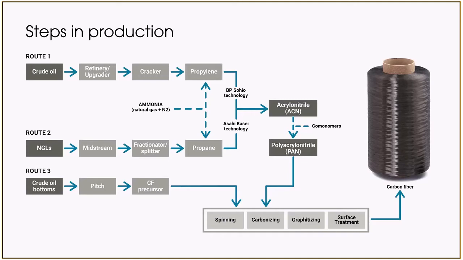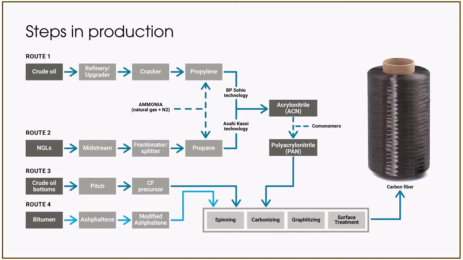10% of the market to make carbon fibers, as I mentioned previously, was from pitch. So people have been using a crude oil bottoms, the heaviest, most carbon intensive part of the process, or sometimes a coal tar as well. And they've been looking at this pitch to come into this carbon fiber manufacturing sequence at the bottom, where you have to spin it first and then go through the carbonizing and graphitizing. So with this crude oil bottoms and this intense carbon focus, let's look at a potential route 4 here.